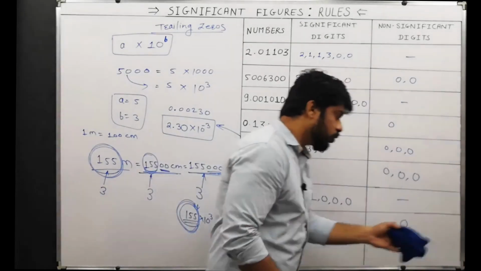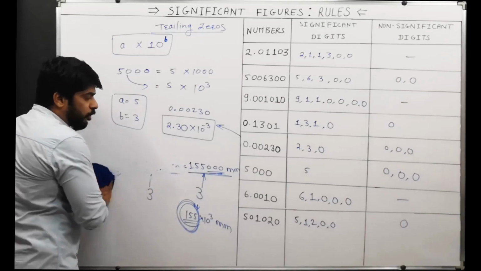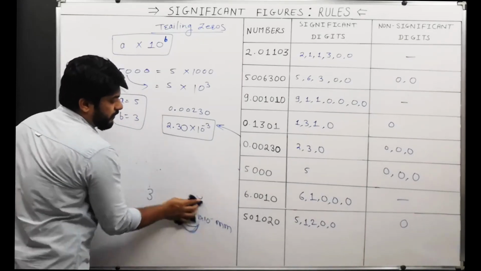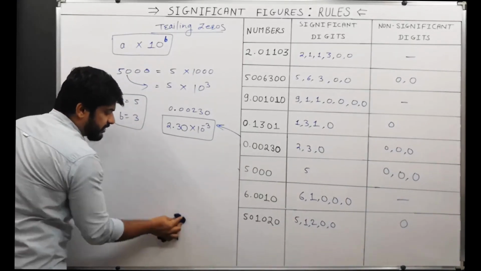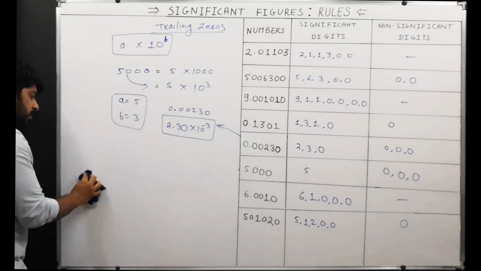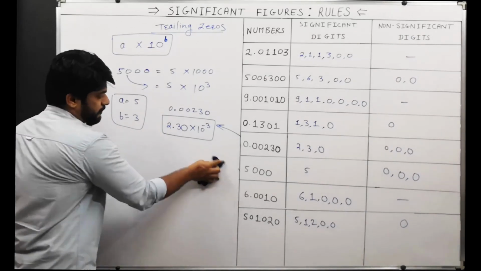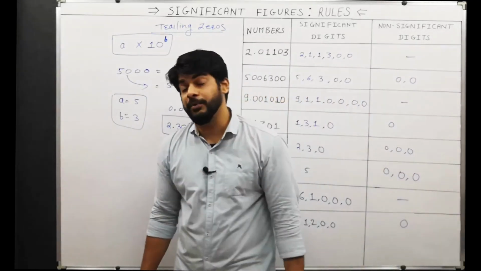Let's see what this rule is. When we do mathematical operations with our measured quantities, we generally encounter some constant numbers, or exact numbers.